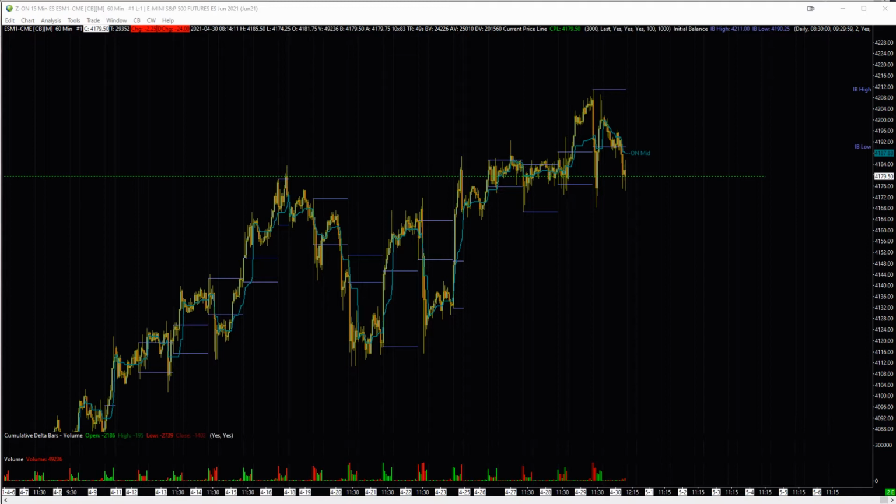The price action of the overnight session has got a short bias. We have stayed below the mid and below the VWAP for the whole of the session, and then trading at the lows.